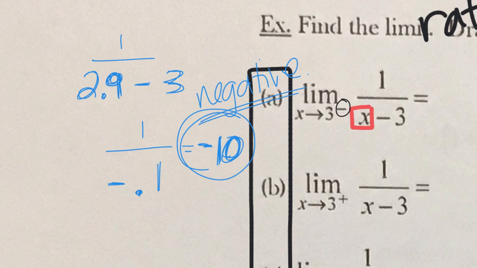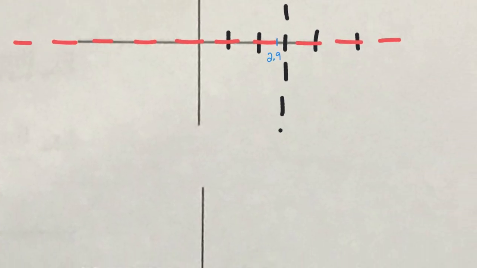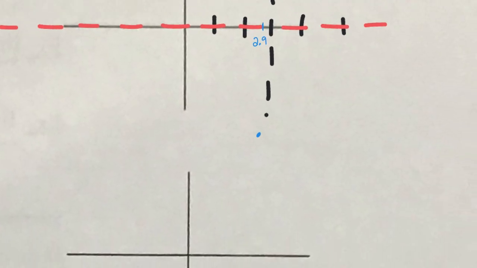When I plug in 2.9, I get a negative value, which means over here on my graph, if 2.9 is negative and it can't cross my red line and it can't cross my black line, then where does my graph go? It has to go down. My graph has to go down.